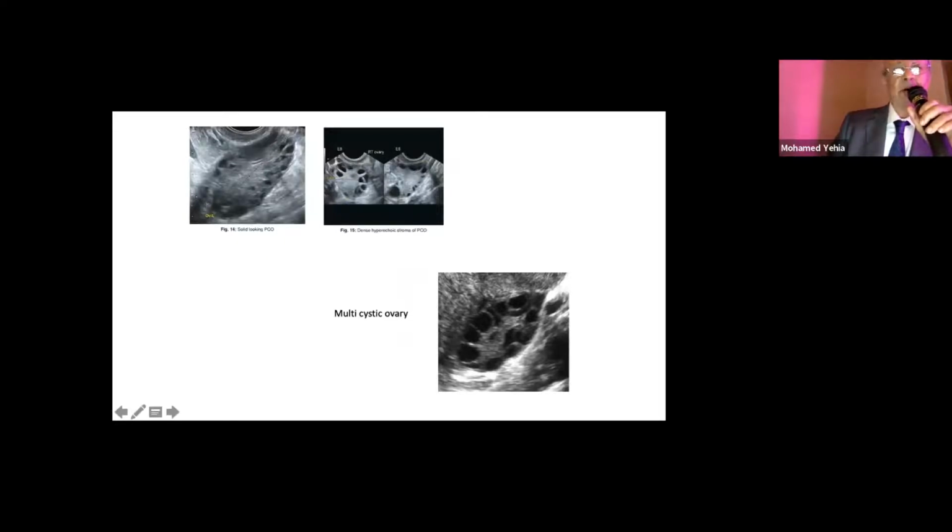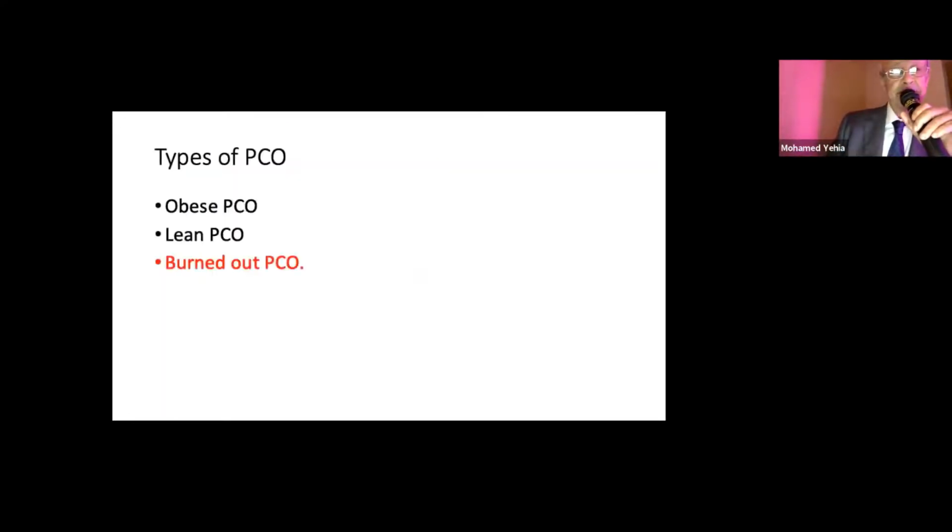Occasionally, it can be almost like a solid mass, and there are follicles all around. While multicystic ovary has a very thin stroma, these patients usually are in danger of ovarian failure if you do cauterization. So you have to differentiate between the two before you start planning your treatment.